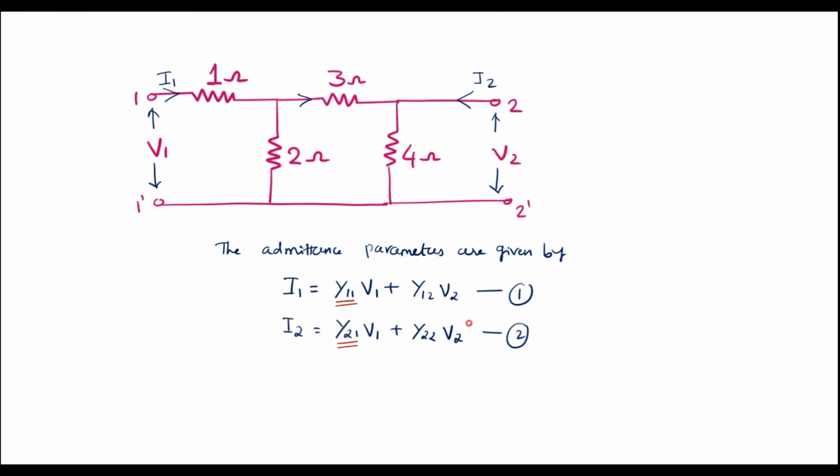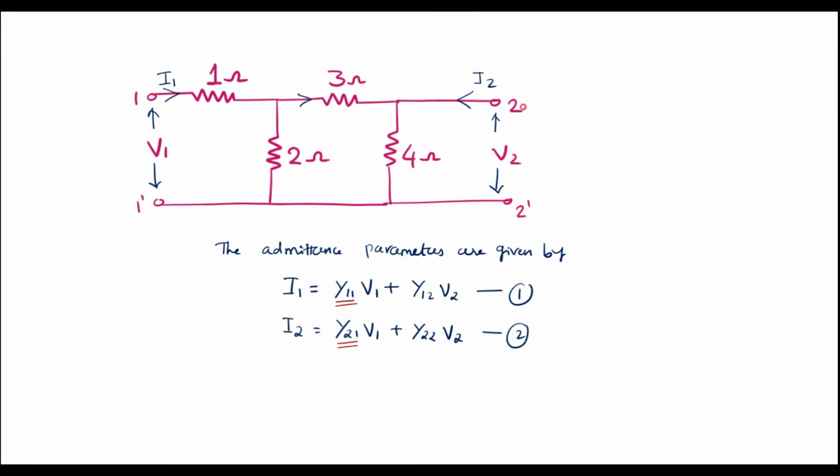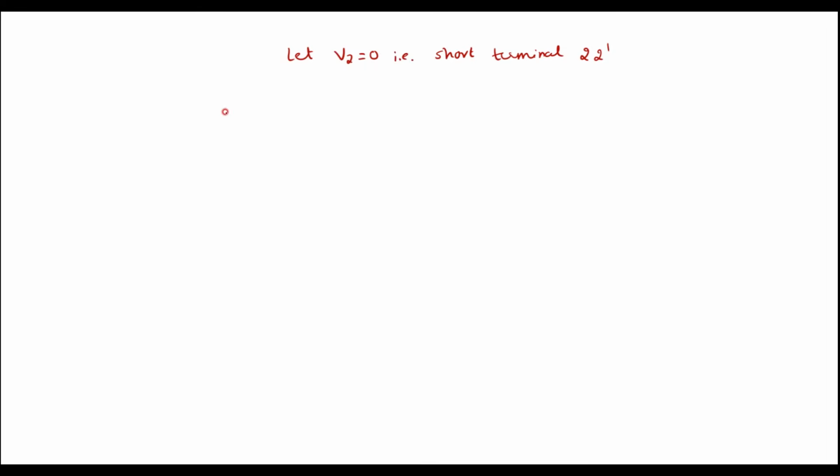So let V2 equal to 0. That is, short the terminal to 2 dash so that V2 will become equal to 0. Let me do that. Here we have a 1 ohm resistor. This is 2 ohm.